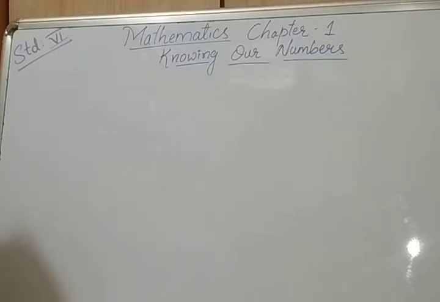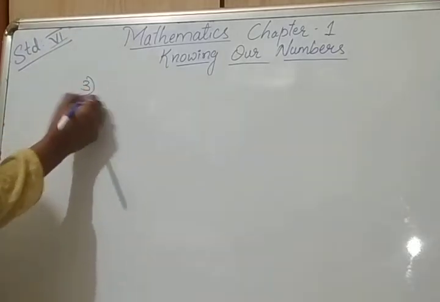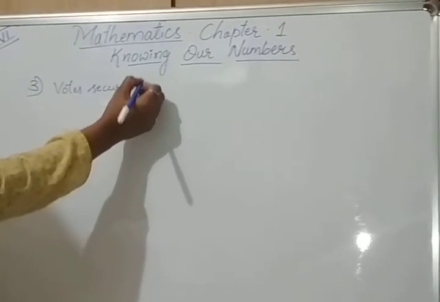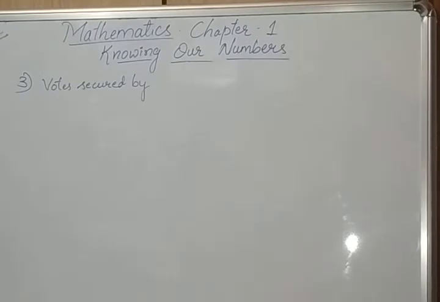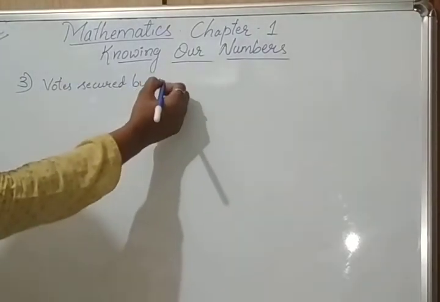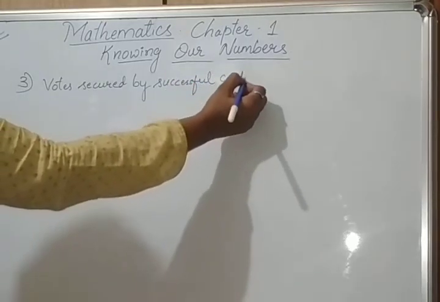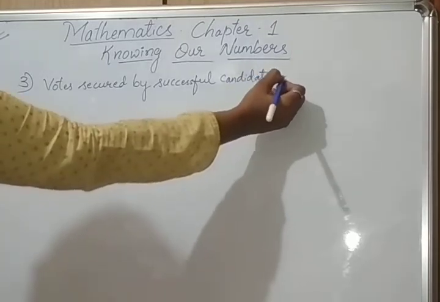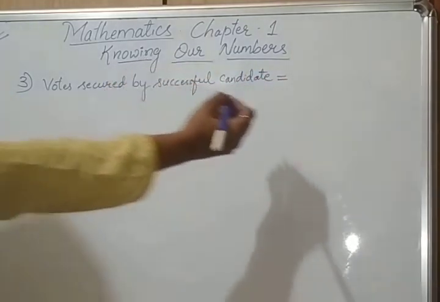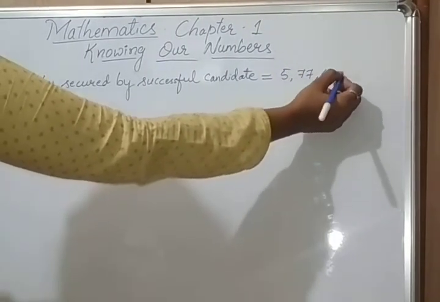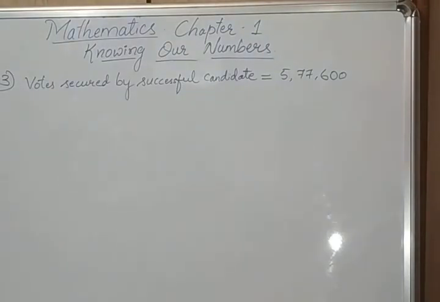Let us see. So write down here, votes secured by successful candidate. How many votes secured by the successful candidate? 5,77,500.